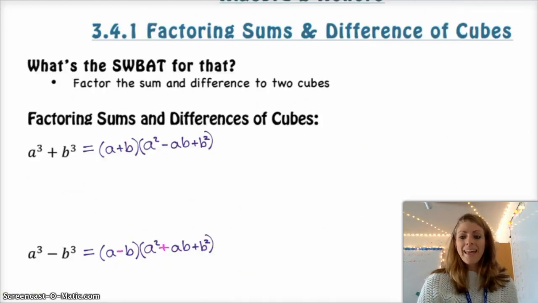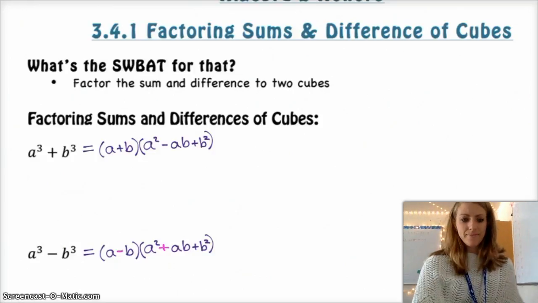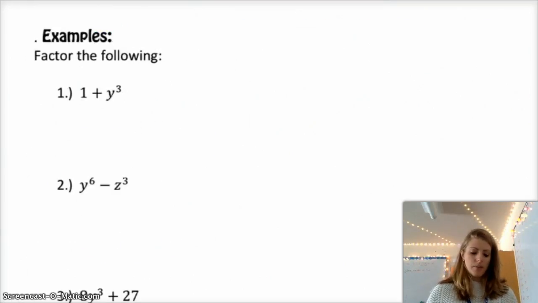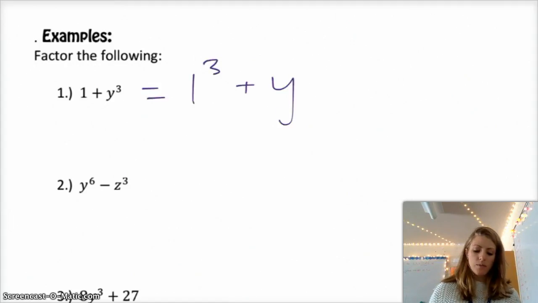Okay? So this first one's pretty simple because you have 1 plus y cubed. 1 is a perfect cube, right? 1 times 1 times 1 is equal to 1. So I can actually just write that as 1 cubed plus y cubed, right? And then I can just use the formula.